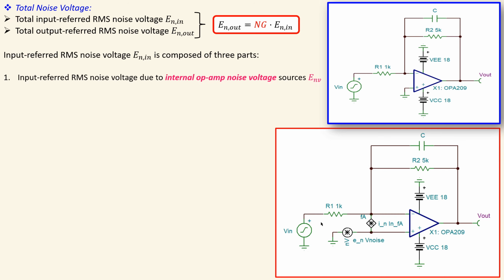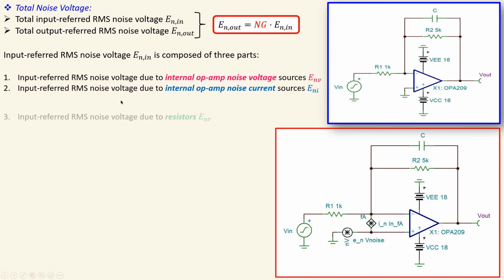The first one is due to the internal op-amp noise voltage source. The other one is the internal op-amp noise current source, which will also cause some input referred RMS noise voltage, and there is also the thermal noise voltage due to the resistors R1 and R2. So you have 3 values that determine the actual input referred RMS noise voltage.